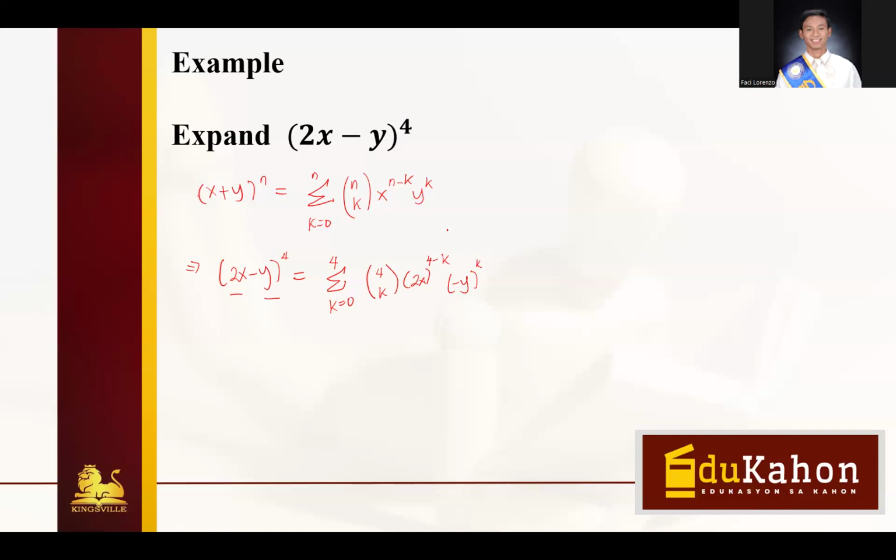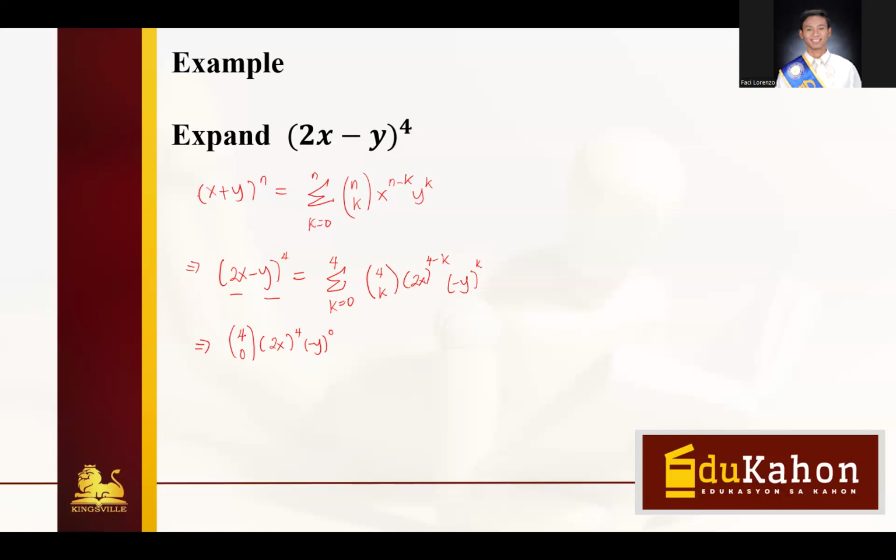Okay? By using the concept of combination, this will become 4 taken 0. Then you have 2x raised to 4, and you have negative y raised to 0. Okay?